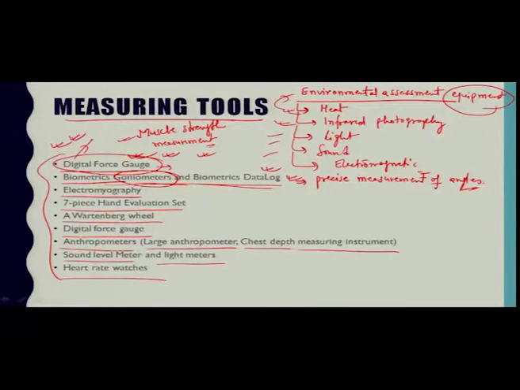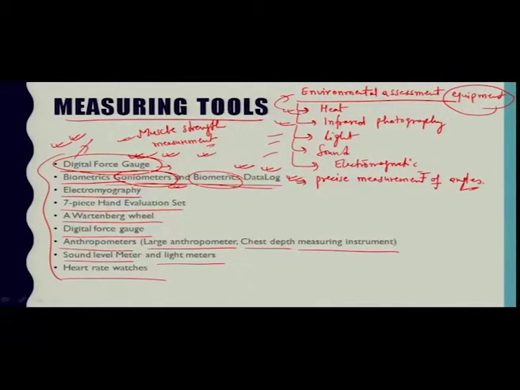These biometrics goniometers are sensor-based instruments developed by Biometrics Limited for dynamic movement analysis of human body parts. That is, if you want to check the range of motion of limbs.